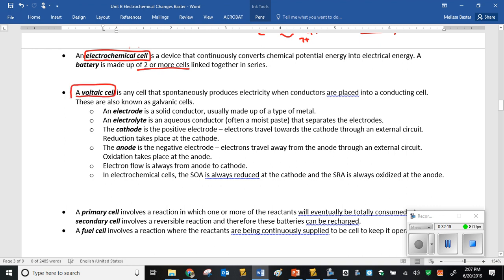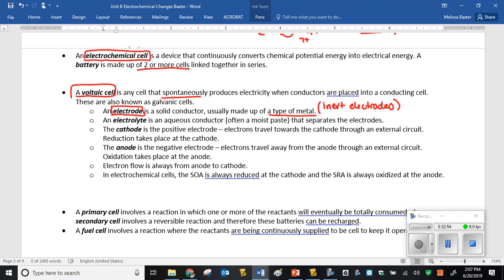If we're talking voltaic cells, they spontaneously produce electricity if conductors, so my electrodes are placed into a conducting solution. You have an electrode as a solid conductor. It needs to be made out of metal, and you'll see a bit later on, I'll just mention it now, that you can have inert electrodes. So the electrode doesn't have to be part of the reaction.